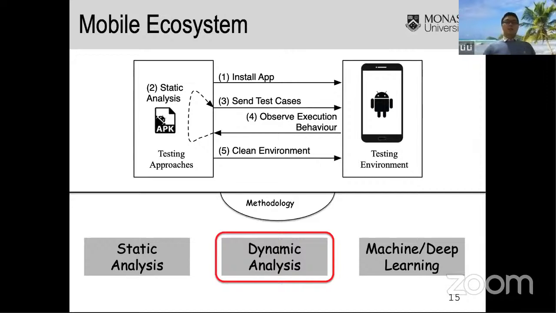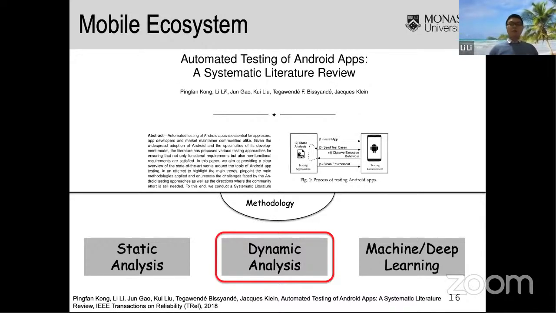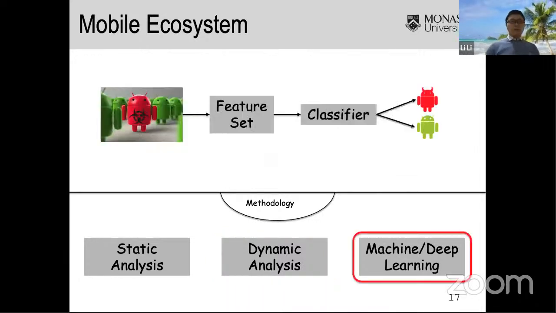Then it attempts to observe the execution behaviors of the app under test, and finally cleans the environment to obtain the testing results. There is also a literature review detailing the different works done in automated testing of Android apps.